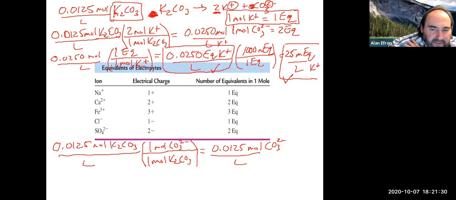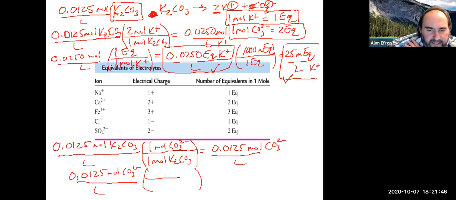Now we can convert it into equivalents using our equivalents per mole conversion. And this is how we get it now to the same number. And every 1 mole of carbonate, there is 2 equivalents because of the charge.